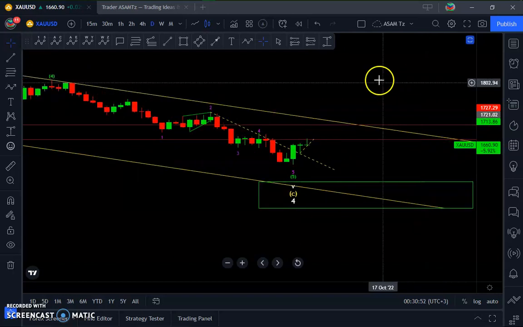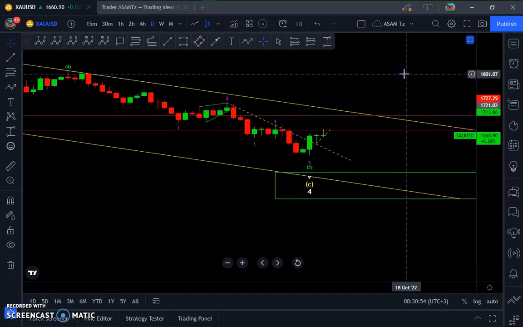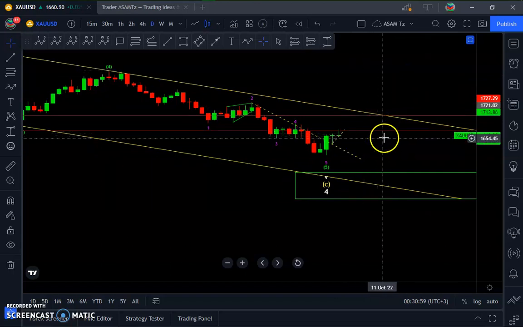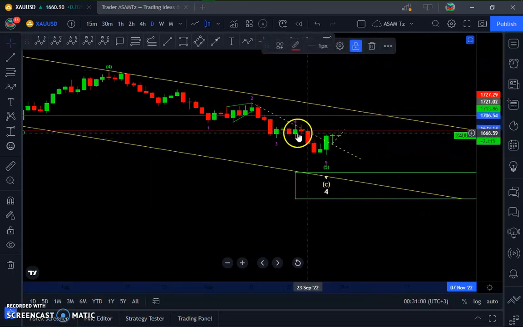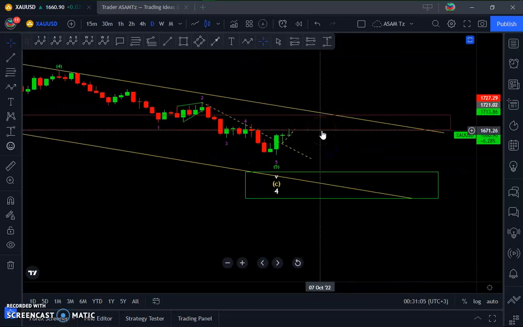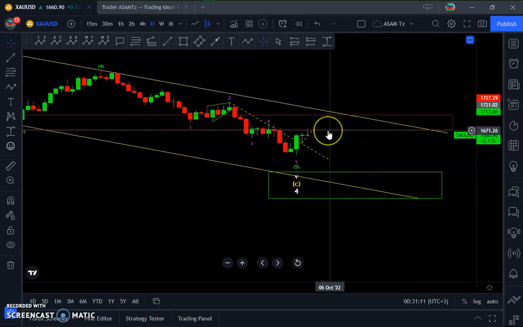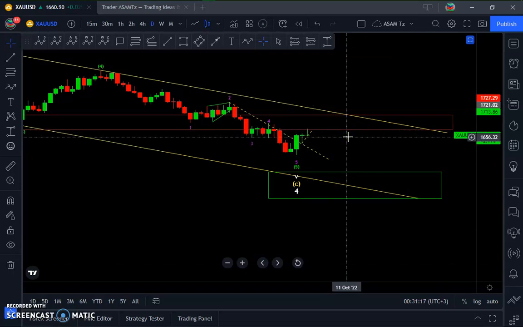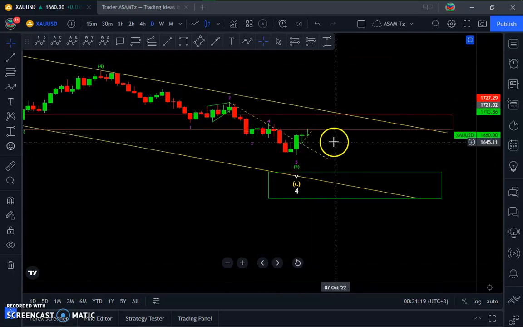In my bearish idea, I always consider a retest of this broken level. You see this one in brown color. In my bearish idea, I always consider a retest of that particular support that has turned into resistance after being broken.